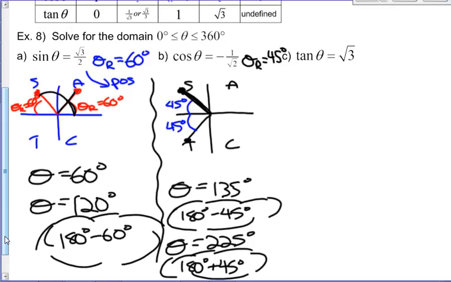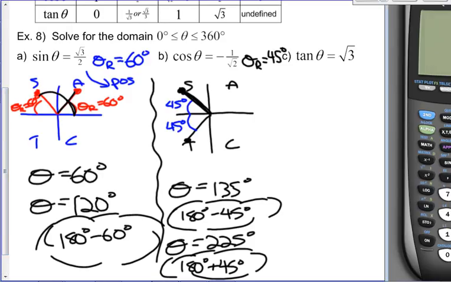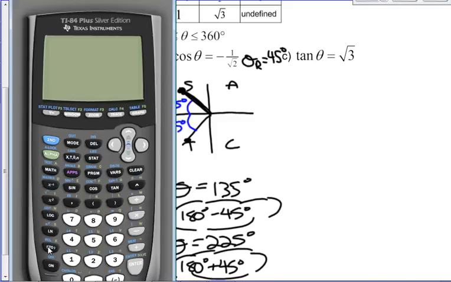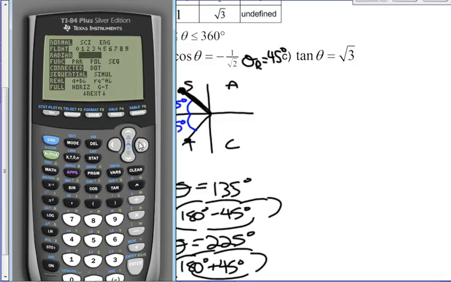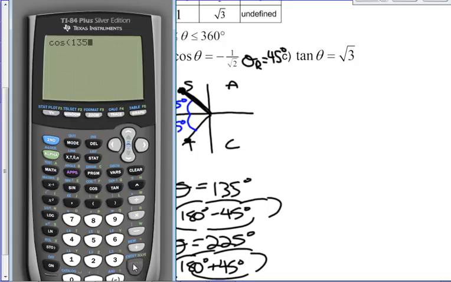Now, if we weren't sure, we could go to the calculator and check. Are they right? I'll make sure my calculator's in degree mode. And I'm going to put in the cosine of 135. And it gives me this messy number, negative 0.707.